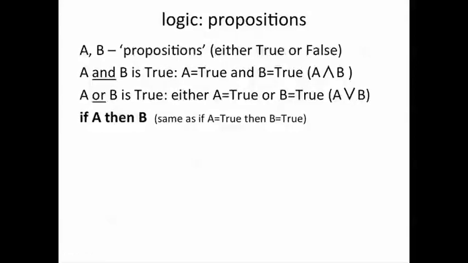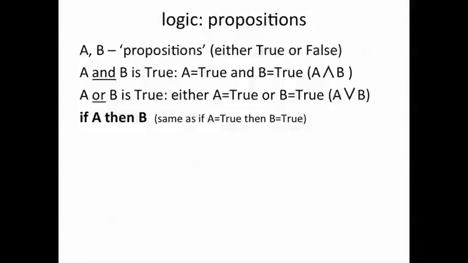Now comes the interesting part. Suppose we have a rule that says if A, then B, which is the same as saying if A is true, then B is true. The kind of things that we've seen before.